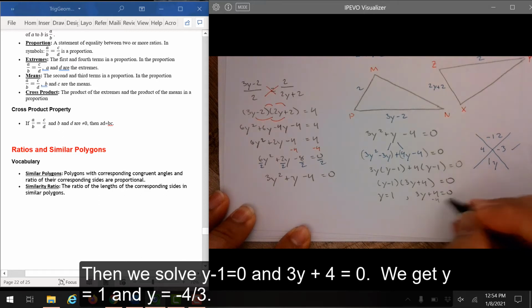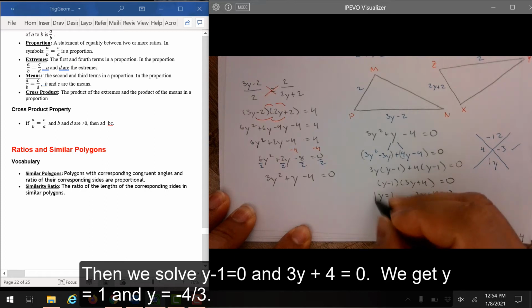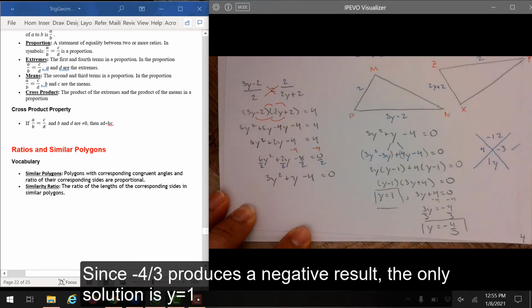Then we solve y minus 1 equals 0, and 3y plus 4 equals 0. We get y equals 1, and y equals -4/3. Since -4/3 produces a negative result, the only solution is y equals 1.